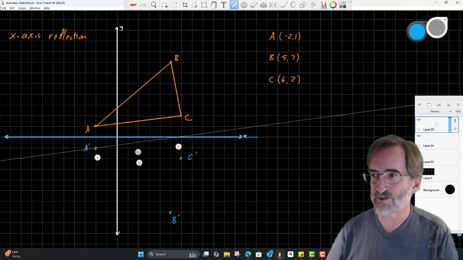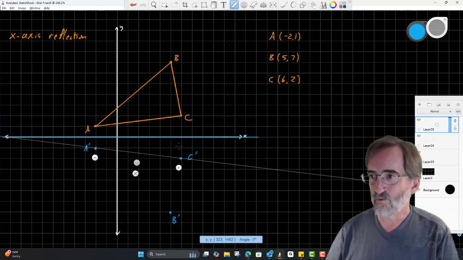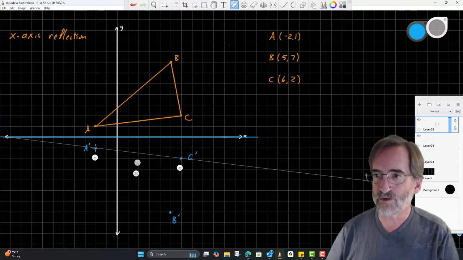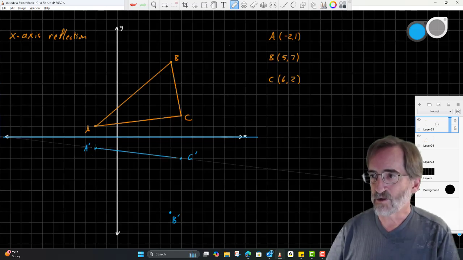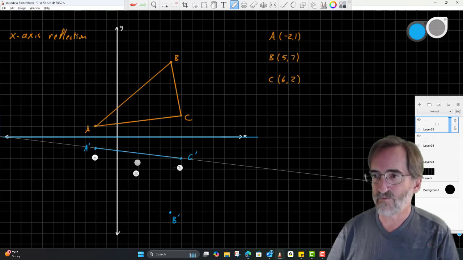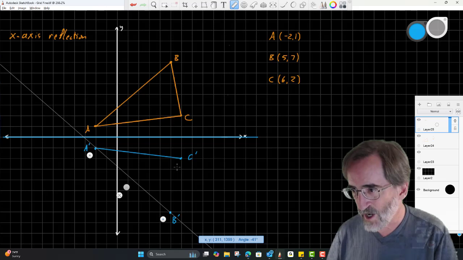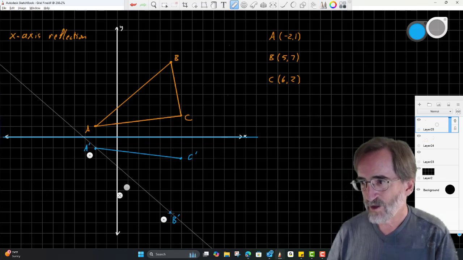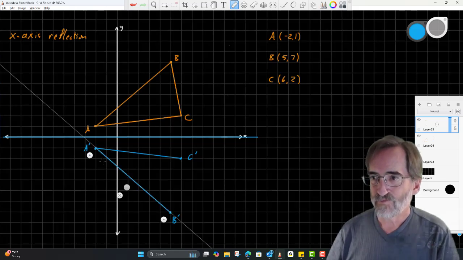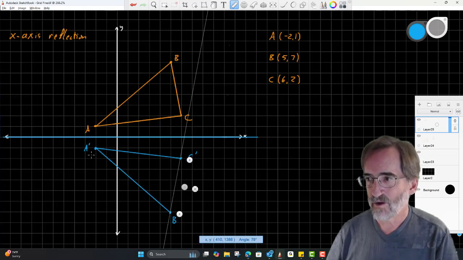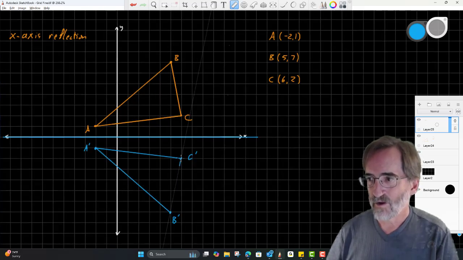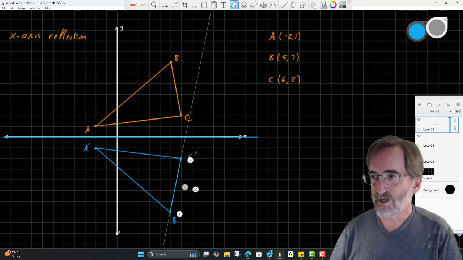It's flipped upside down. Now, what's more important is I want to take a look at the coordinates of A prime, B prime, C prime, and I want to see if we can figure out what has happened to the coordinates. Okay, let's take a look at the coordinates.